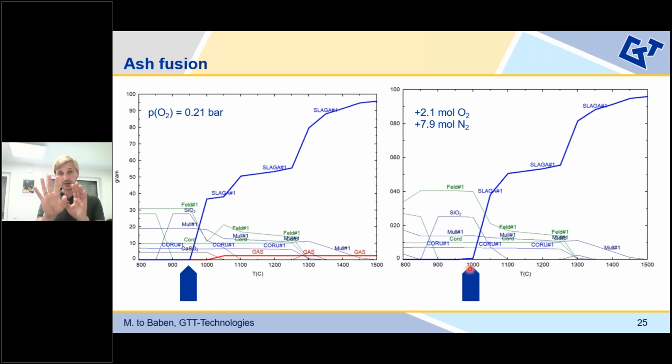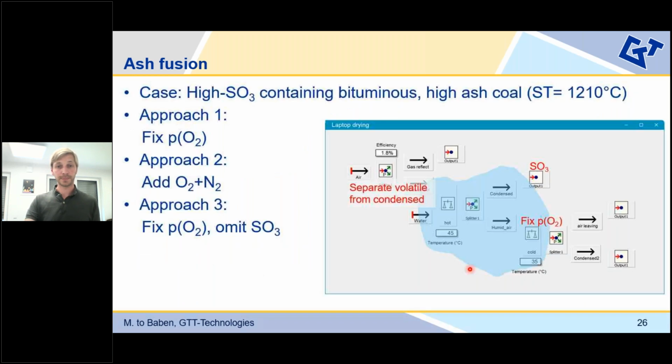Okay, but at least in this way we have fixed the sulfur partial pressure and the gas atmosphere in a sensible manner. And actually, we could do it with this approach as well. If we go back to our laptop drying flow sheet, then the blue part is the part that we need to consider in this case. So we need to separate the volatile from the condensed species.